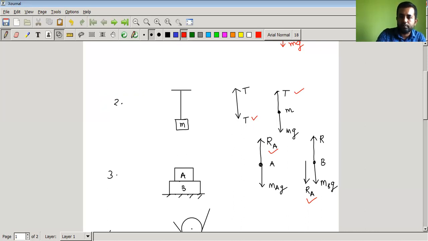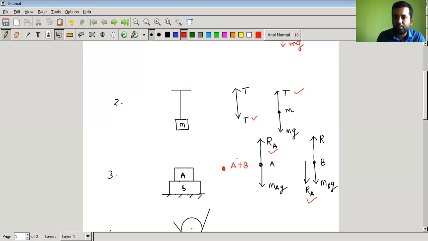Now moving on, what if A and B is your system? How will you represent that? If A and B is your system, then this is your A plus B system. Just combine these two forces and you will see that this and this will get cancelled.